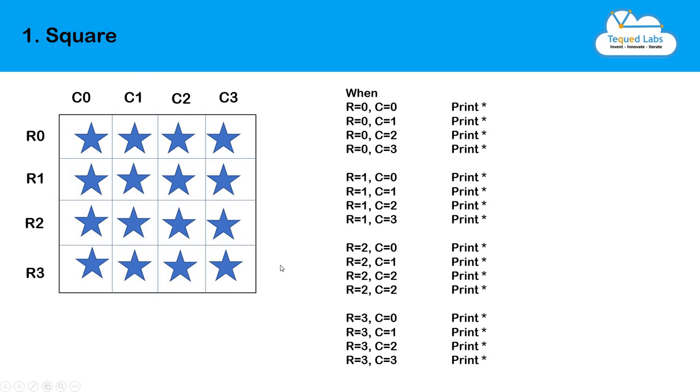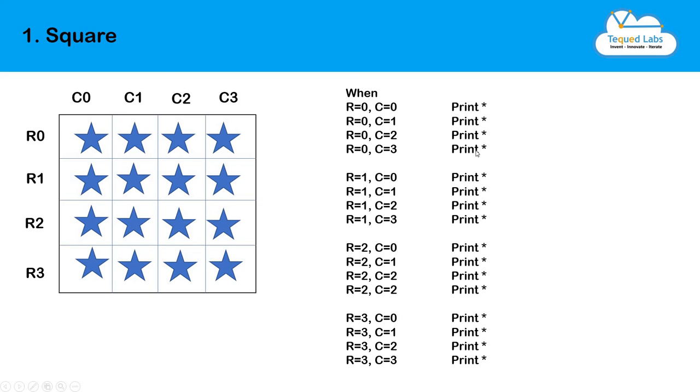Now let us write the logic to print this particular pattern, which is going to be represented in the form of rows and columns. Now you need to write the locations of all the stars. So the first star's location is R0 and C0. The second star's location is R0 and C1. Again, the third star's location is R0 and C2. Fourth star's location is R0 and C3.